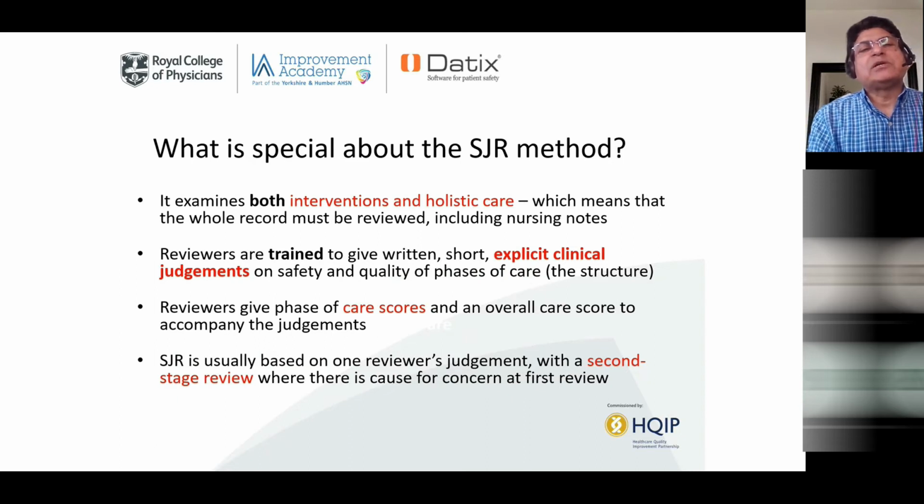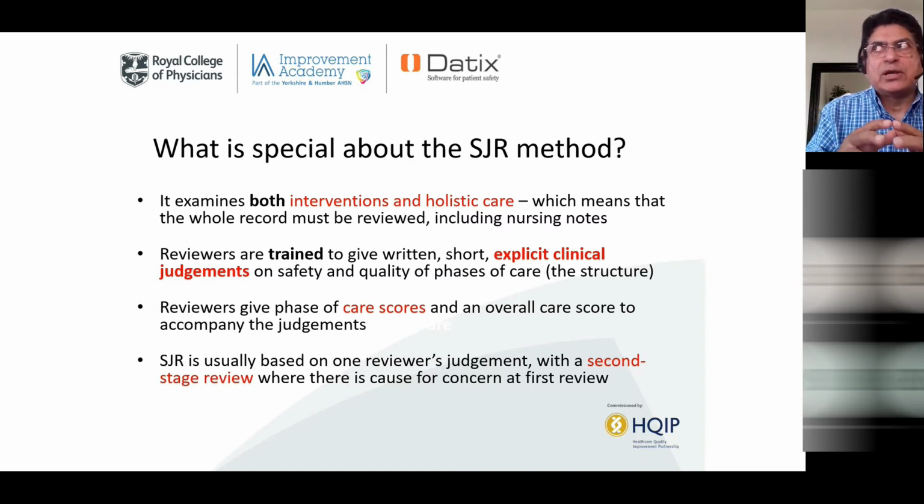So what is special about it? Why are we doing it? Why not do the same review process which we were doing in the past? Because in America, we know that a review process has been done, and done very nicely, for the last 40 to 50 years. This is a holistic look.